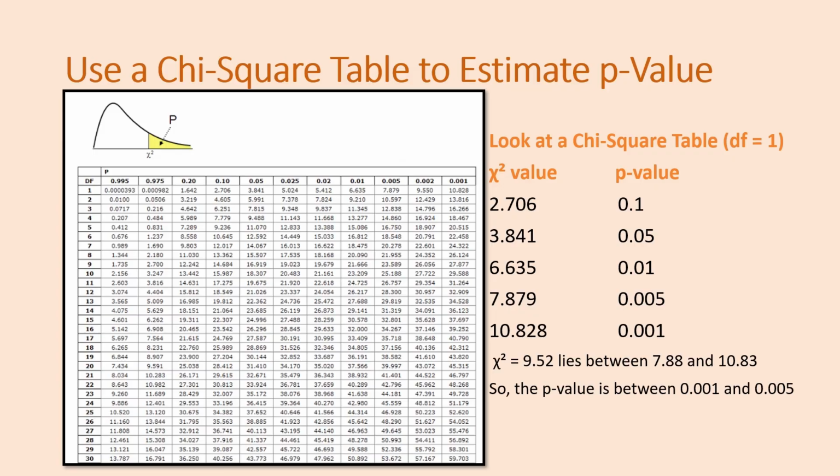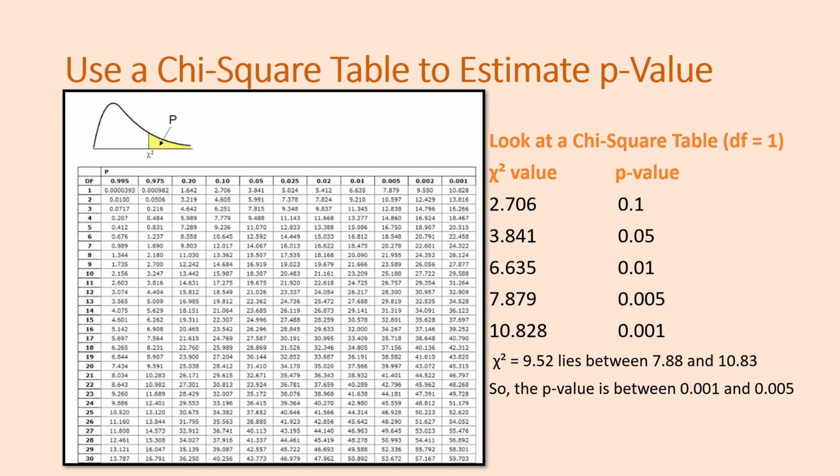Use a chi-square table to estimate our p-value. Here we choose 1 degree of freedom in the chi-square table and the corresponding values. The values are 7.879, which corresponds to 0.005, and 10.83, which corresponds to 0.001.